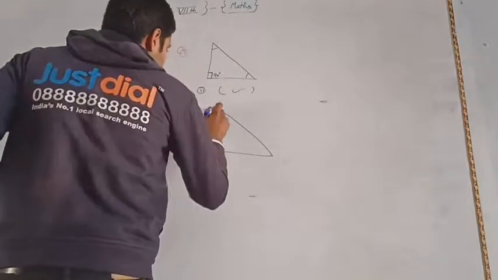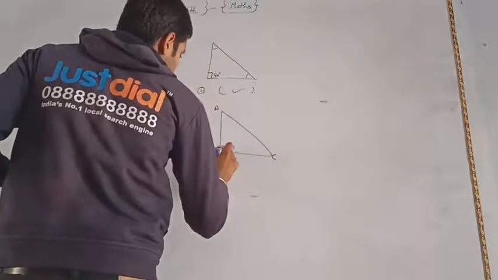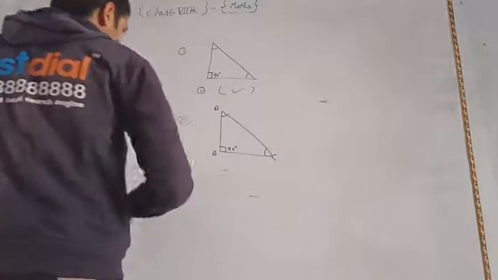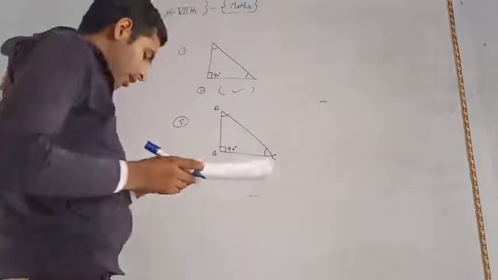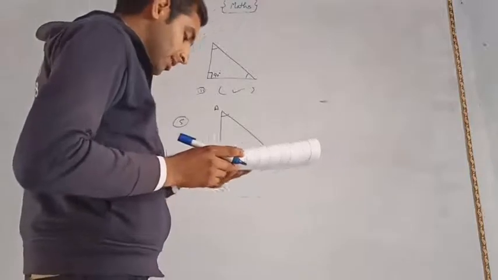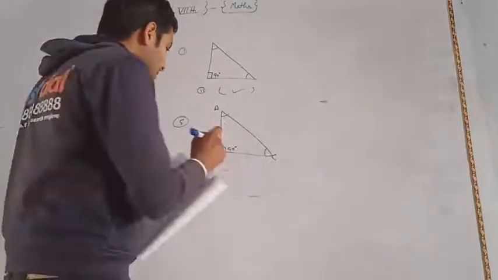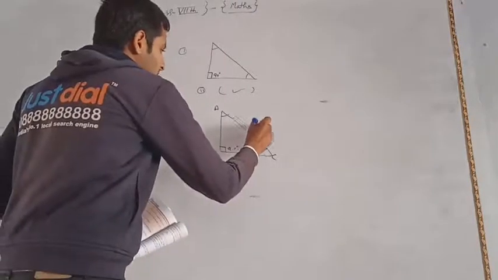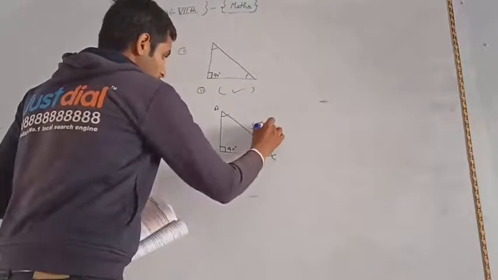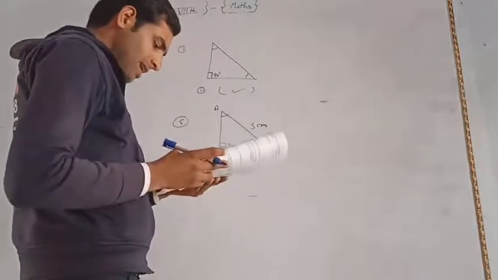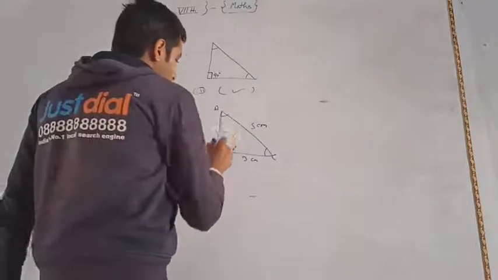This is B, this is A and this is C. BC is 3 cm and AC is 5 cm. So from here you have to find the length of side AB.